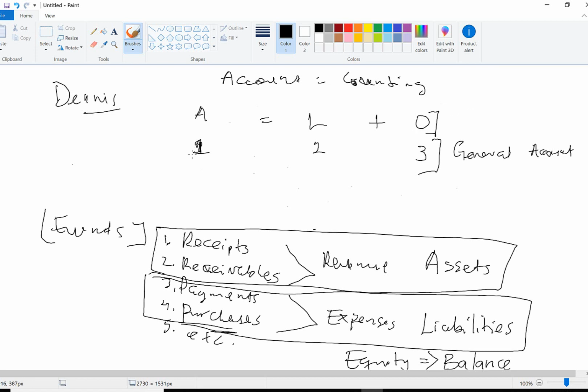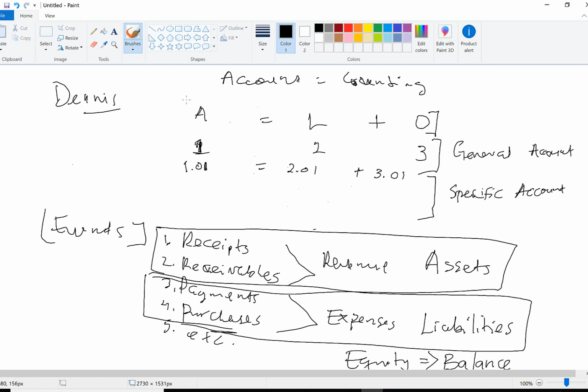Right, then when we have 1.01, it's equal to 2.01 plus 3.01. Then we're talking about specific account.